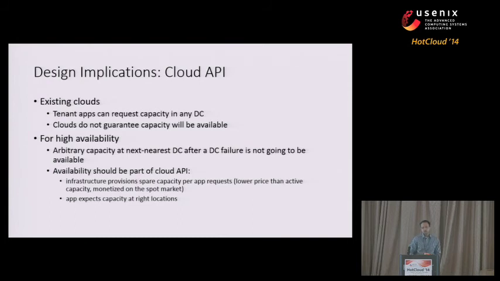If the infrastructure has reserved VMs for you at certain locations, and then it can provide a guarantee that these will be available even if my data center fails, then somehow the tenant needs to know where these VMs are so they can replicate state for their app accordingly. They can potentially pay for these VMs up front so that they are reserved for them. And I think the right API is still something that needs to be figured out for that.